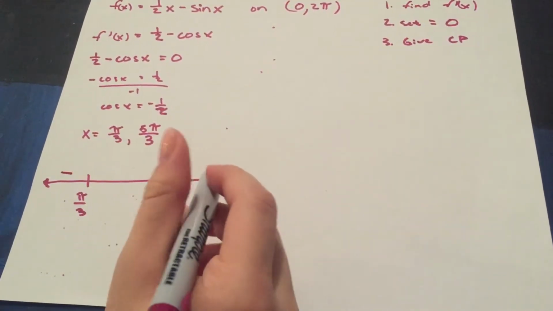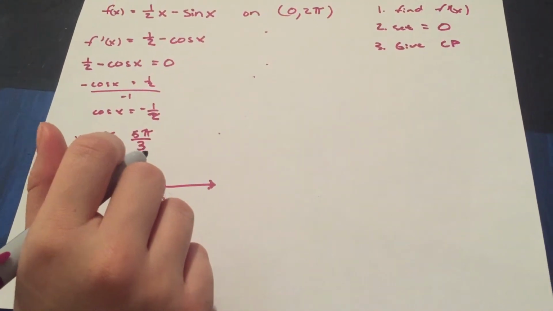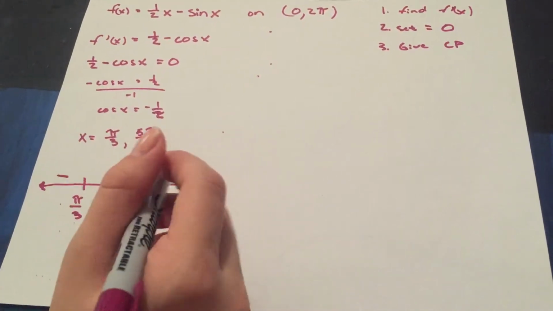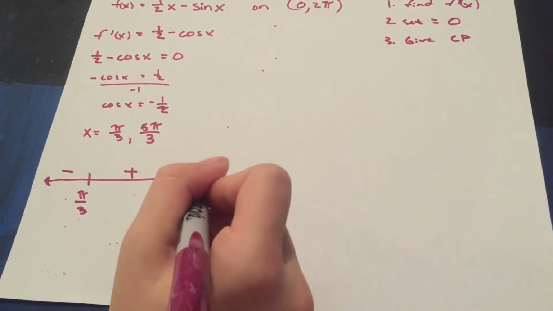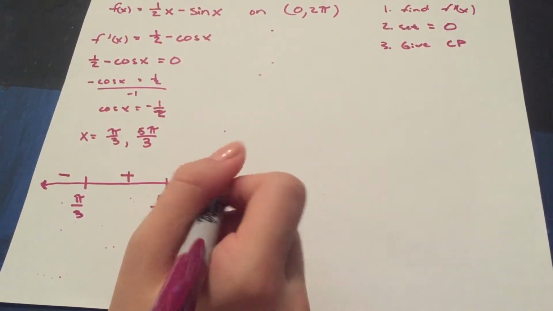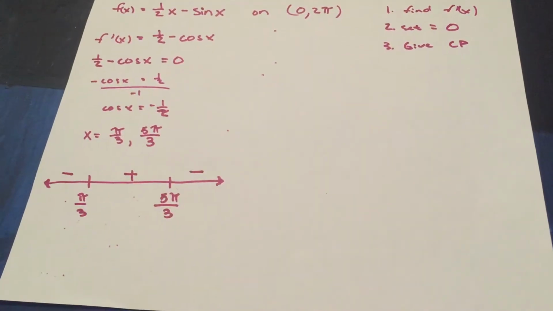Then if we plug in one between pi over 3 and 5 pi over 3, say pi, we get a positive number. And if we plug in one greater than 5 pi over 3, say 7 pi over 4, f prime is again negative.